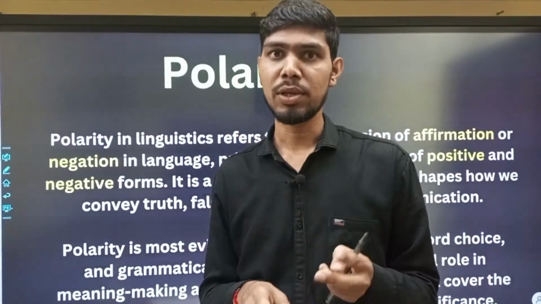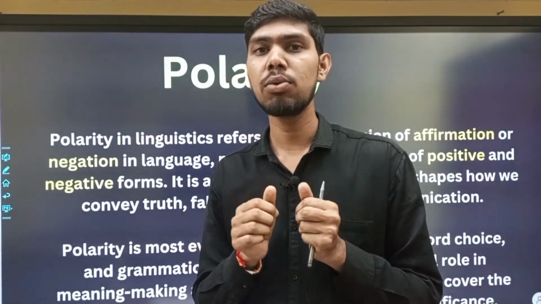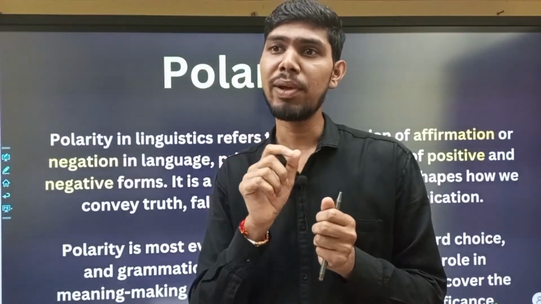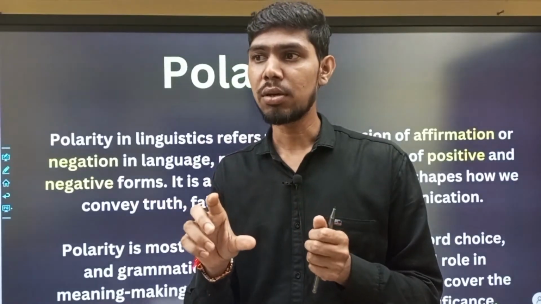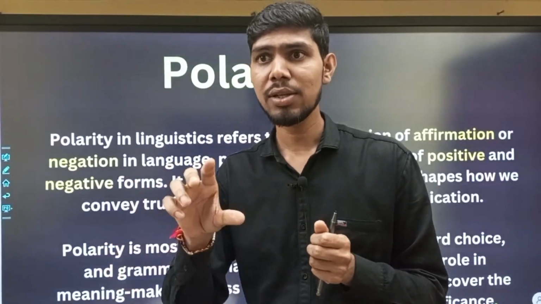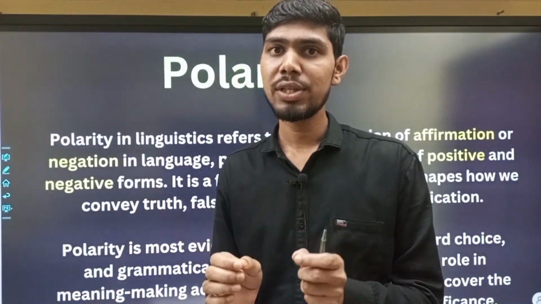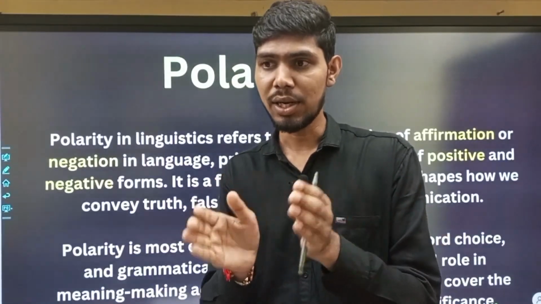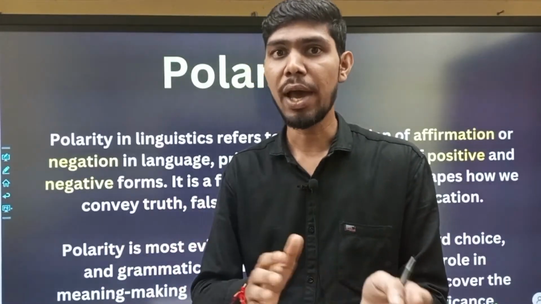In a positive sentence there are some words that make it positive, and in a negative sentence there are some words that make it negative. We are going to discuss what those words are and how they work in a sentence to make it positive or negative.